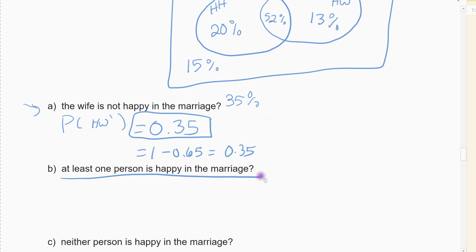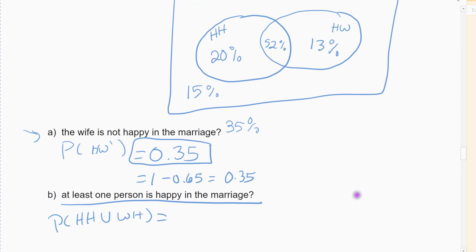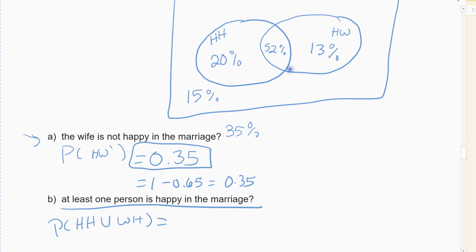Alright, the probability at least one person is happy in the marriage, so that would be the probability the husband is happy, or the wife is happy, or both are happy, right? It's all inclusive. Which you could use the formula. You could add up the happy wives plus the happy husbands minus the overlap, or using the Venn diagram, we could just add these numbers up. So again, you could use the formulas.